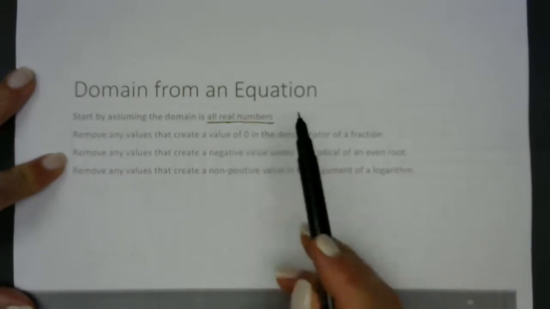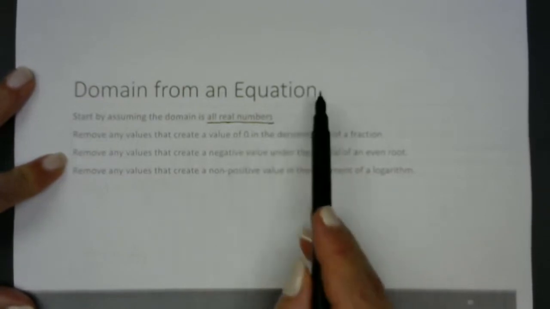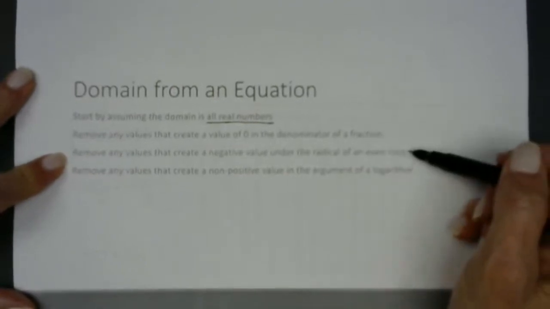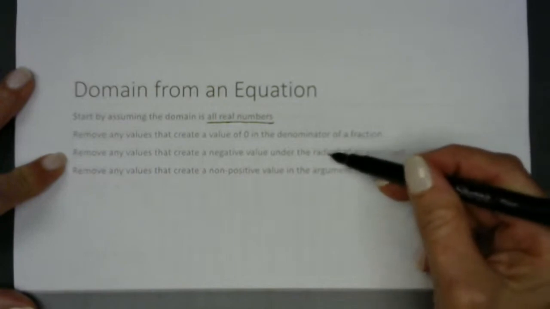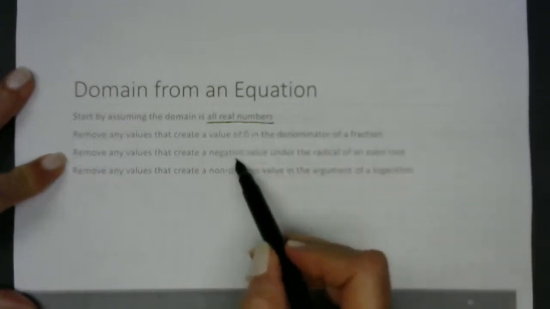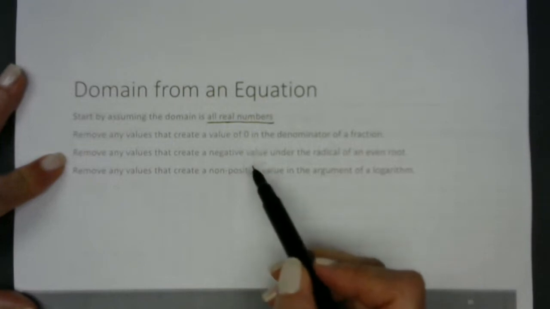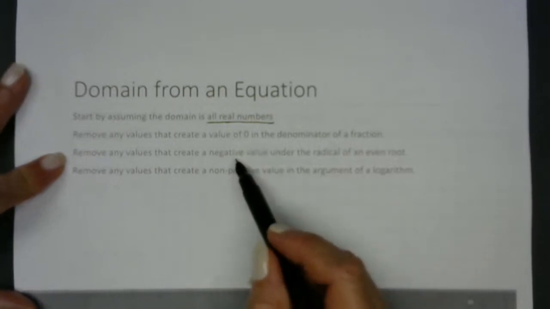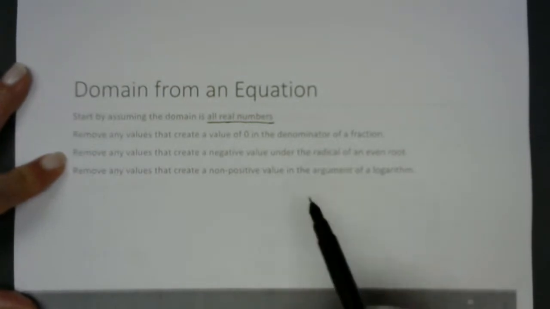If our equation has any even radicals, like a square root or a fourth root or a sixth root, we can't have a negative value as the radicand, the part that is under the radical, because functions limit themselves to real numbers.